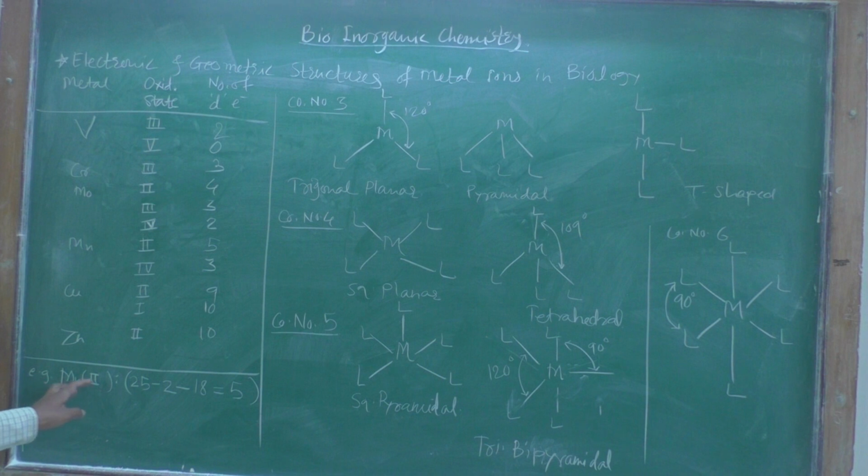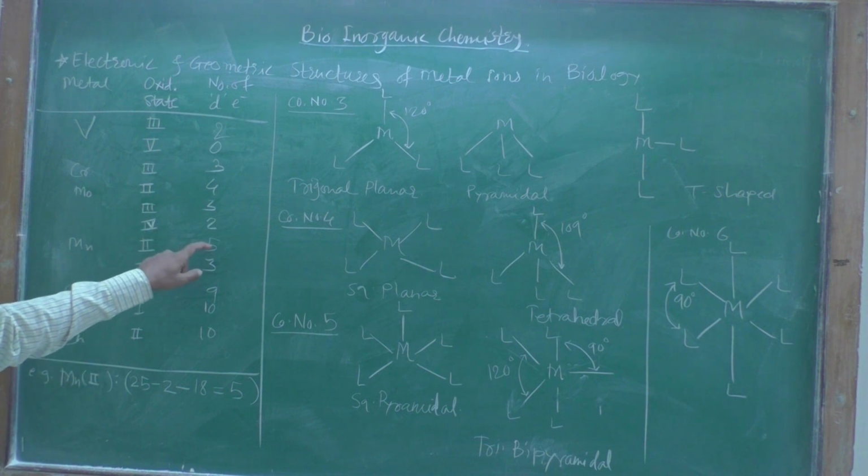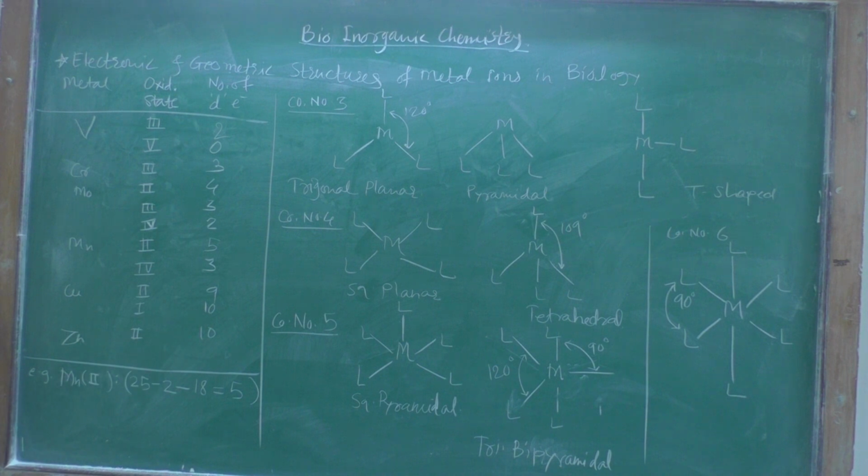That's why manganese in the +2 state has 5 d electrons. So these are different metal cations having different oxidation states, and their d electron counts have been depicted in this figure.